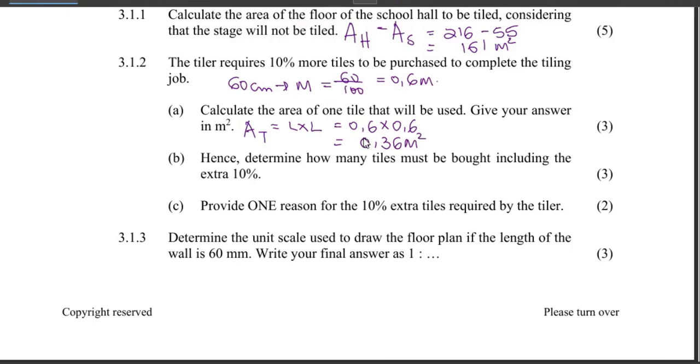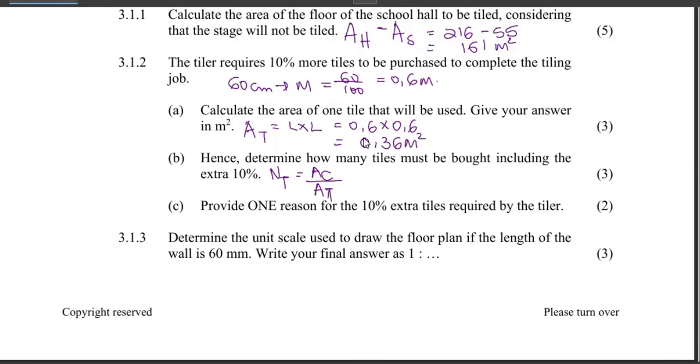Okay. Hence, determine how many tiles must be bought, including the extra 10%. Now, when we look at the number of tiles, it will be the area to be tiled, or let's call it the area to be covered, divided by the area of only one tile.